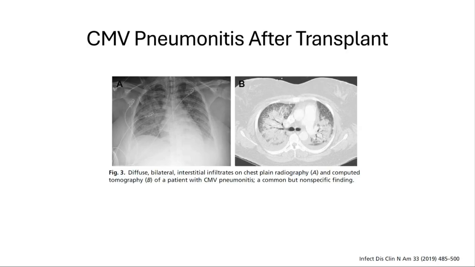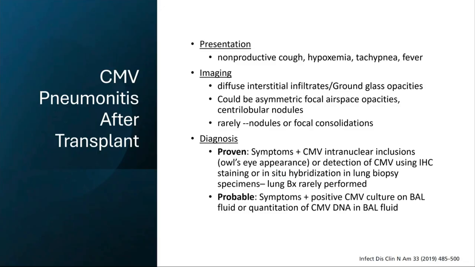On the X-ray and the CT, you see evidence of generally bilateral ground glass or more consolidative opacities. The pattern might be a little different. If it's nodular, generally it's very hazy or ground glass, but different patterns are also observed.